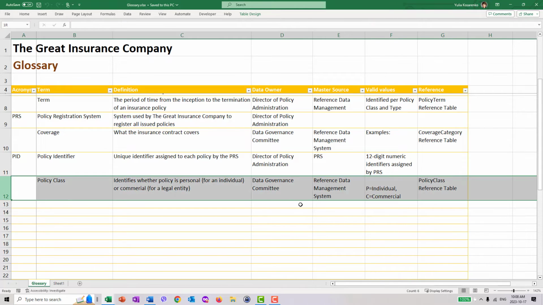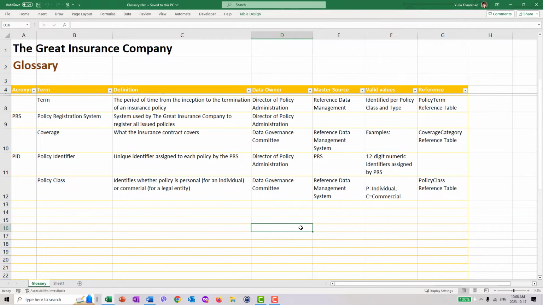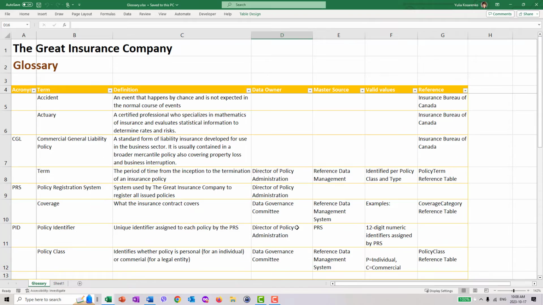This particular reference data will also be managed in a reference table, the policy class reference table, in my reference data management system, because again, it is reference data, it's a categorization of policies that must be important to the business, and therefore I also indicated that it will be managed by the data governance committee. So these are just a few examples of different categories of terms that you may be tracking in your glossary.